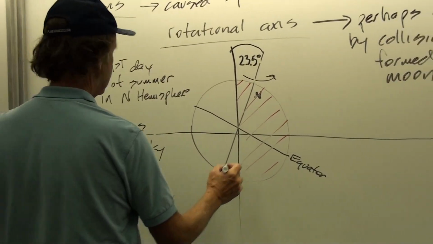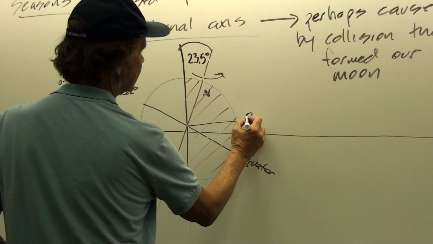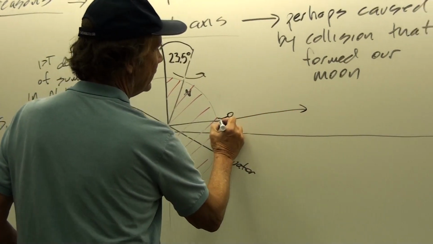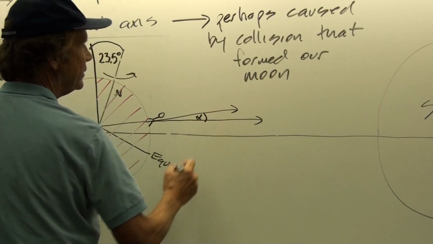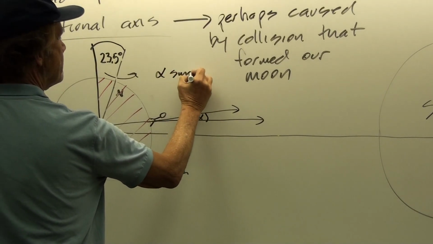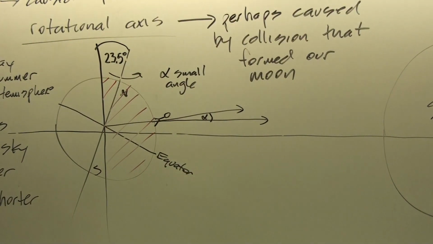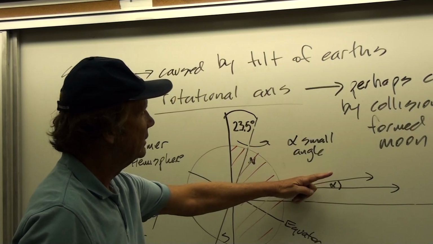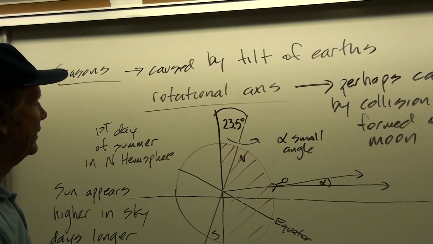Okay, and the reason the sun appears higher in the sky is that here you are, say standing in this location, you look straight up, it's a relatively small angle to adjust from looking straight up to looking at the sun. So alpha is a small angle. Meaning that you're looking from straight up through a small angle to see the sun. And so that means that the sun looks like it's very high in the sky.